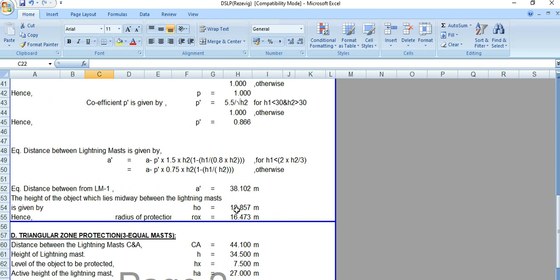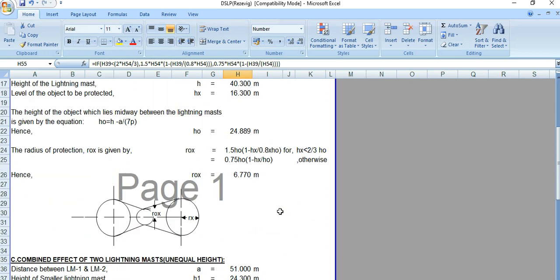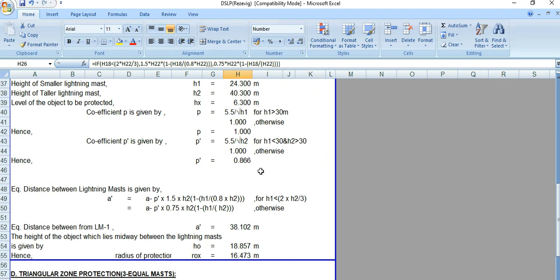So using this formula, this is the value of H0, and hence the radius of protection, Rx, is coming like this, using the same formula as I explained in the previous video. Here also the same formula is used, only the presentation and the values are different. So the radius of protection is coming as 16.473 meter.